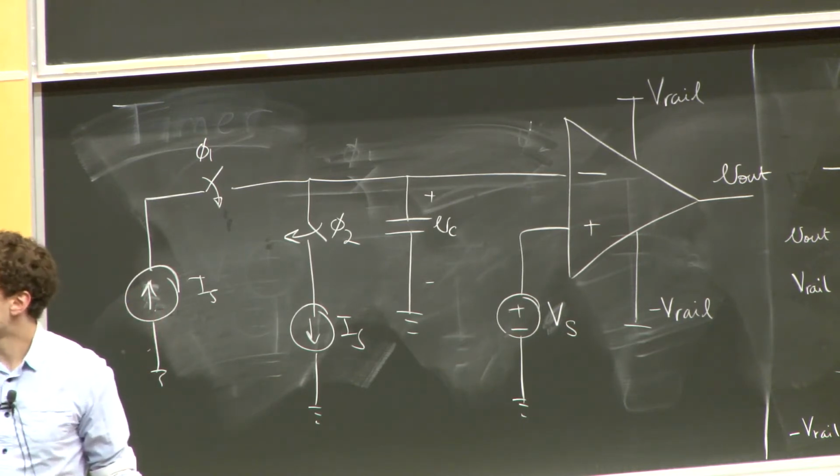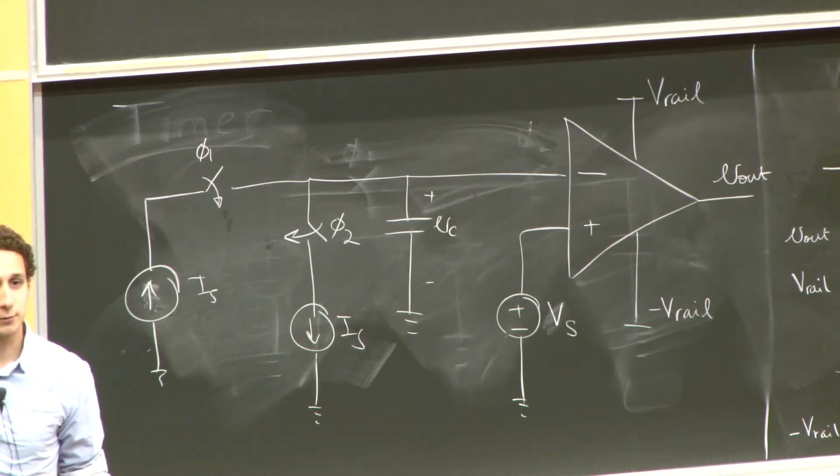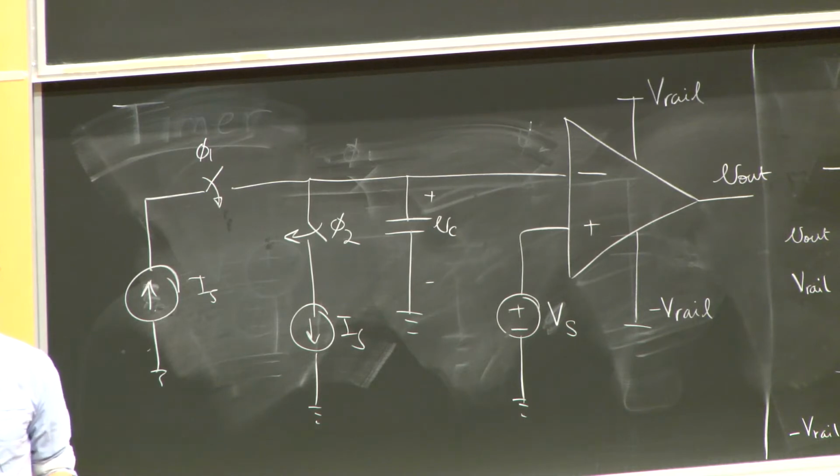In other words, what's another way that we can generate this triangular waveform? And it's a circuit that we talked about yesterday, towards the end. Do you guys remember it? Not the difference, the other circuit.